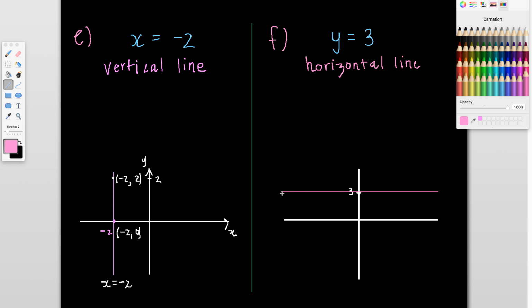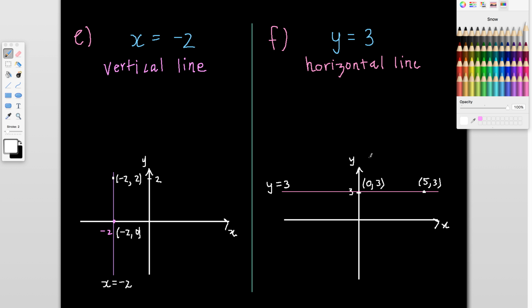So like that. Pick any other point along that line and label it. So this would be x is 0, y is 3, and say x is 5, y is 3, something like that. And we'll label it y equals 3. So really the horizontal and vertical lines are probably the easiest ones to plot.